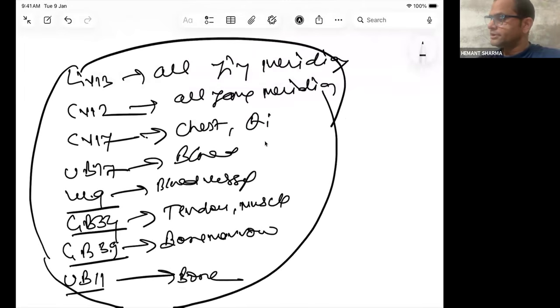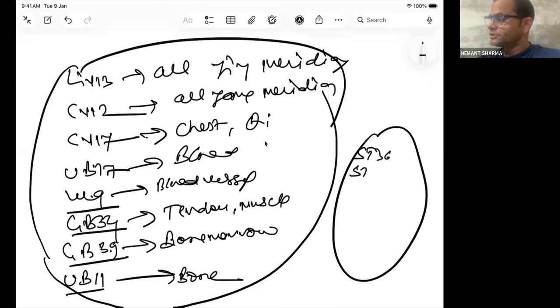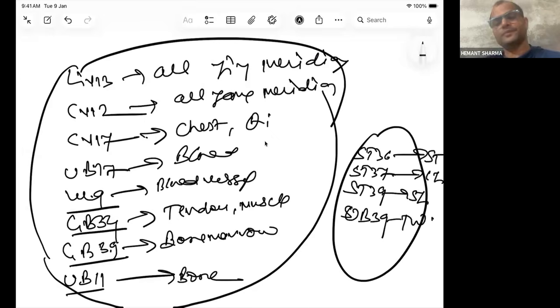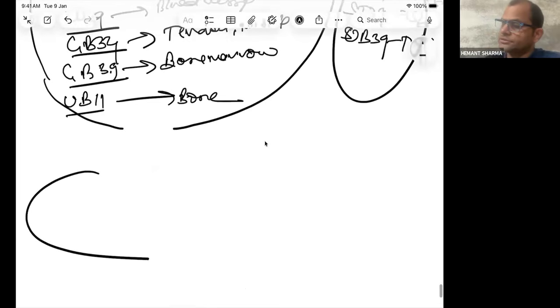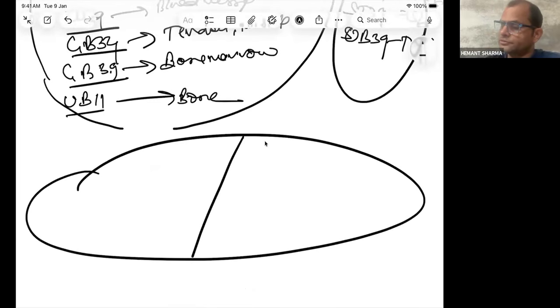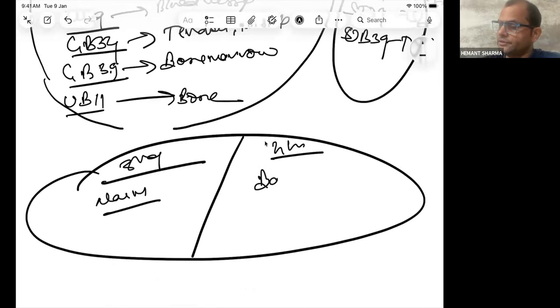In another box, we will take stomach 36, stomach 37, stomach 39, and UB39: stomach, large intestine, small intestine, and triple warmer. In the third and fourth box, we will take alarm point and back-shu point.